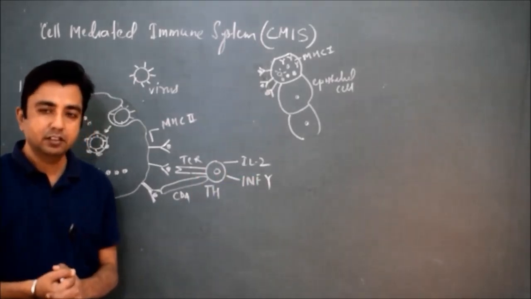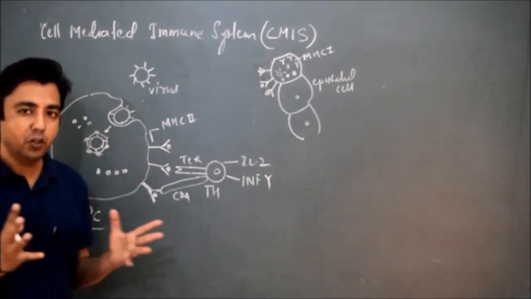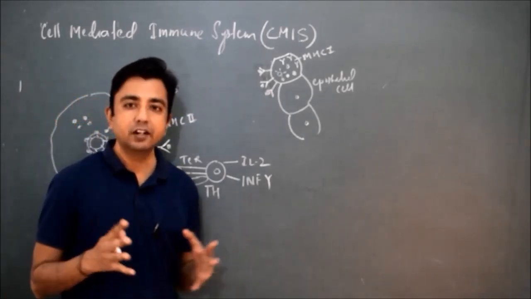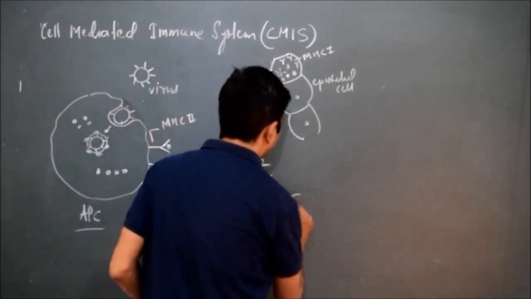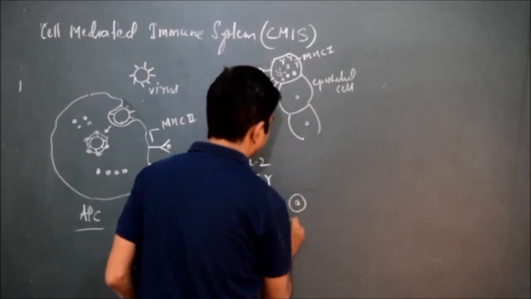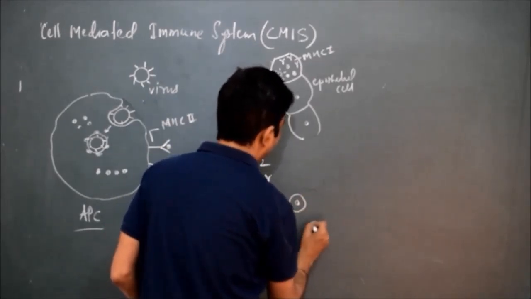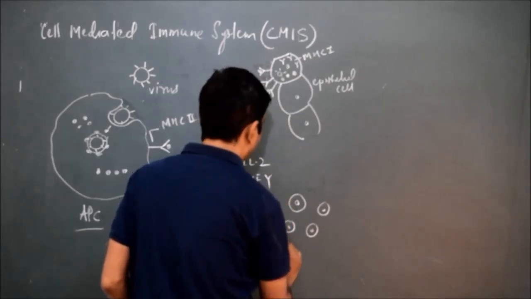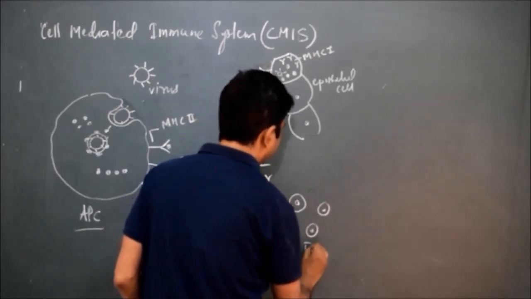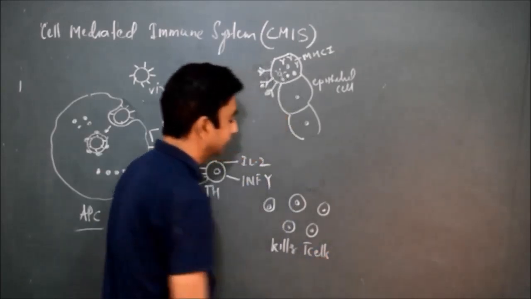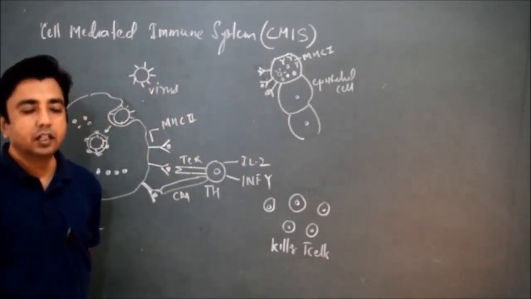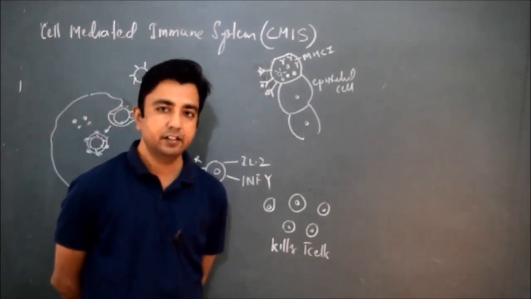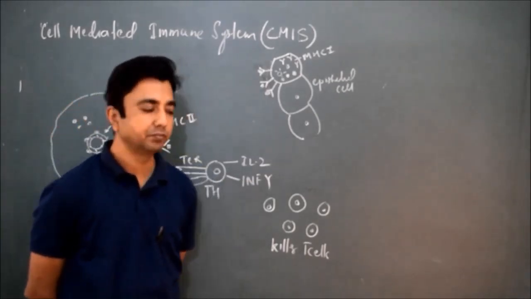cytotoxic T cells start proliferating. Cytotoxic T cells or killer T cells will start proliferating. Now these killer T cells have CD8 molecule.